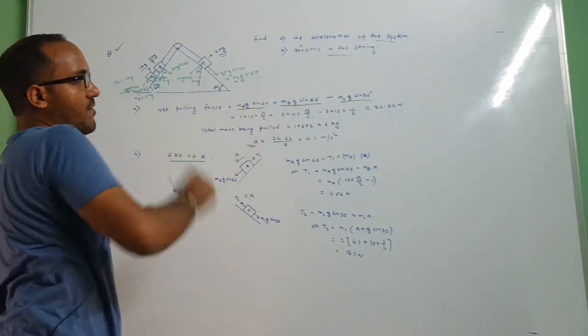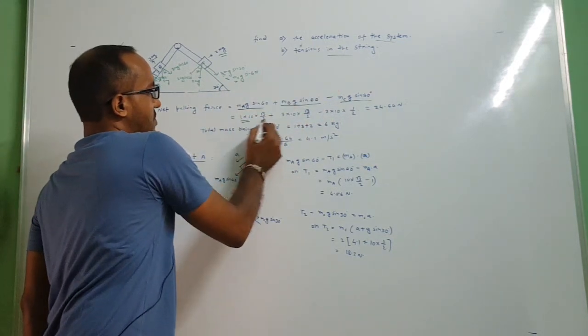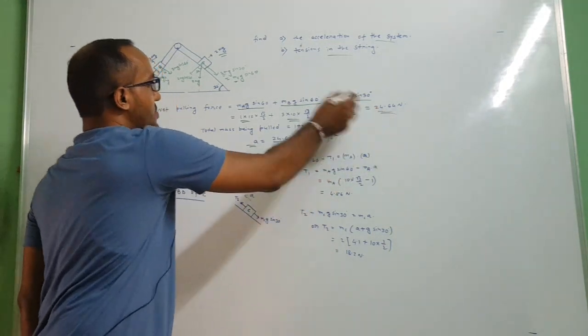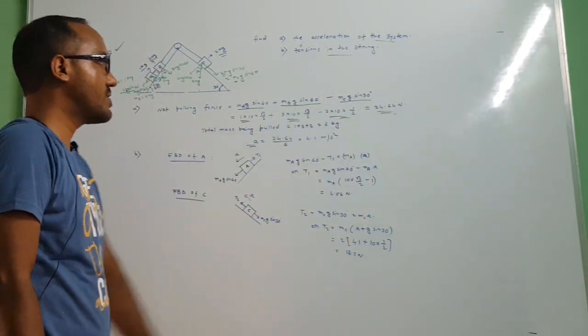This is your net pulling force. Put all the values and calculate, and you will get a net pulling force of 24.64 Newton.